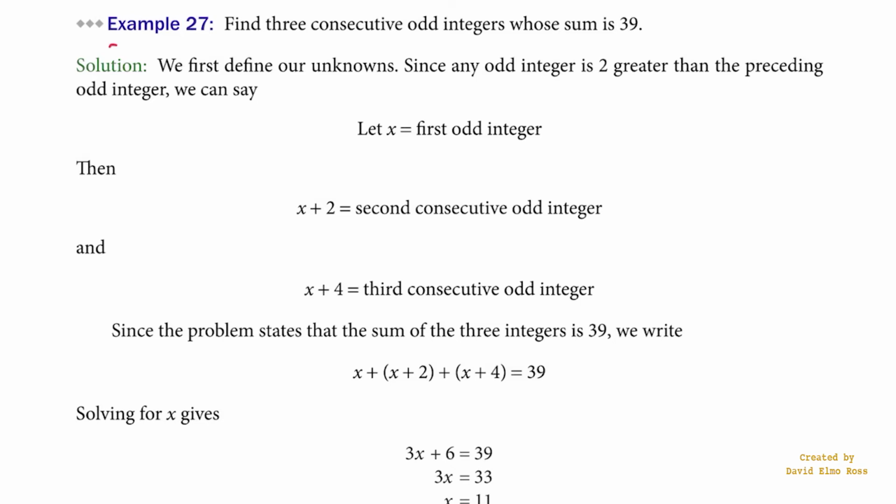Now we've already seen example 27 in a way. All we did was we were given 4 different solutions, and we had to make sure they fit all the criteria. And it says find 3 consecutive odd numbers whose sum is 39. So this is going to go through the solution of how they came up with the appropriate answers. And let's see if we can figure this out. So we're going to let the first odd number be x. So if that number happens to be, say, 3, I'm not sure what the number is, but the next odd number is going to be 2 bigger, which is 5.